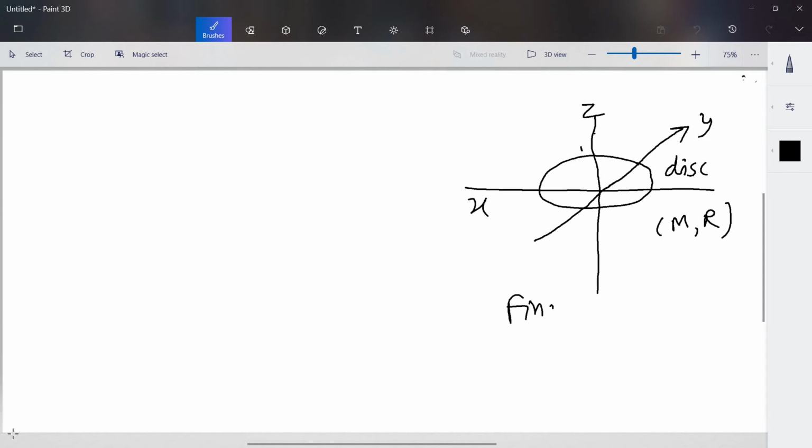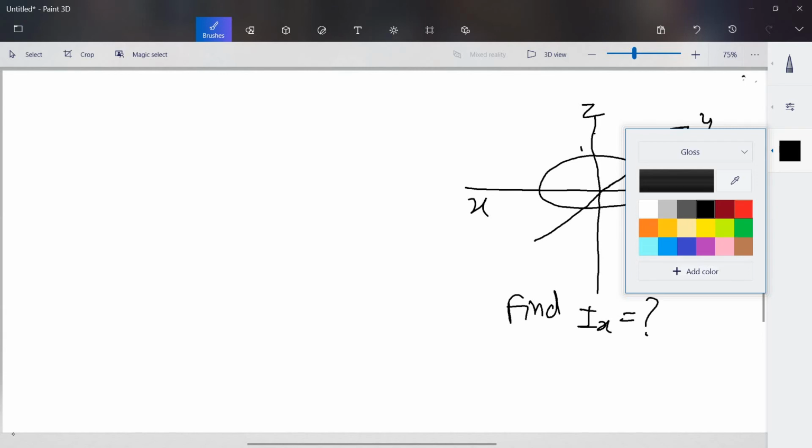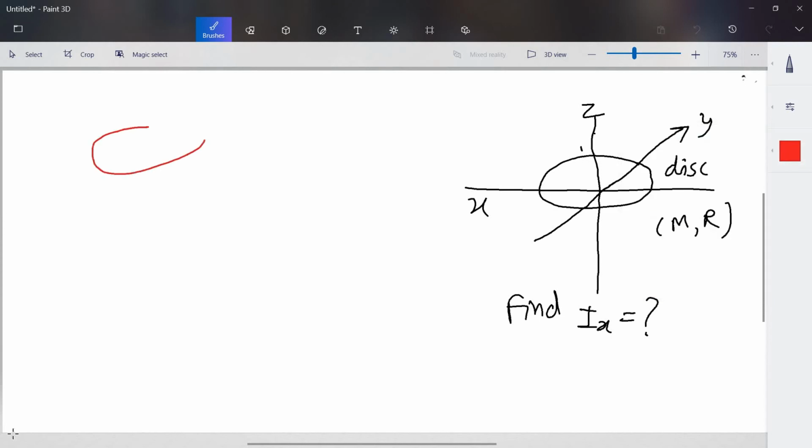Find Ix, the moment of inertia with respect to the x-axis. So in the solution we can see, let me change a pen, one minute. Okay, in the solution you can see here, we have this disk.